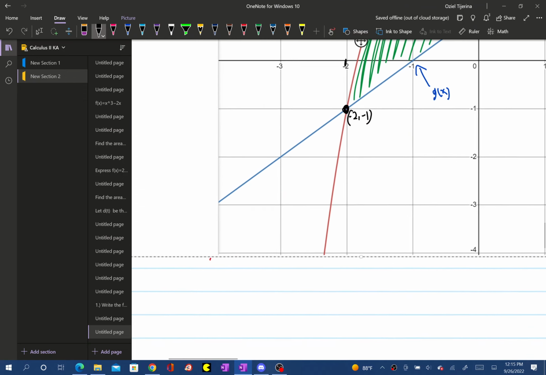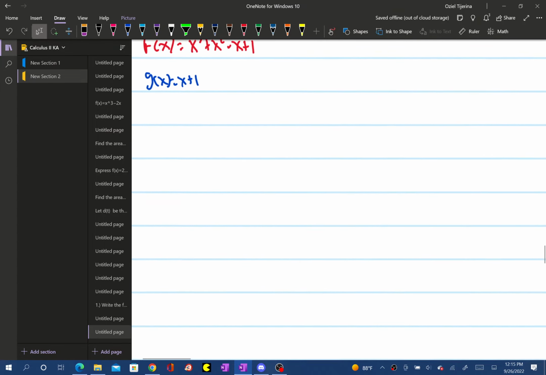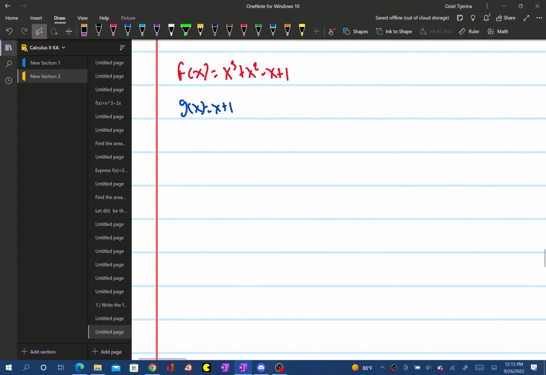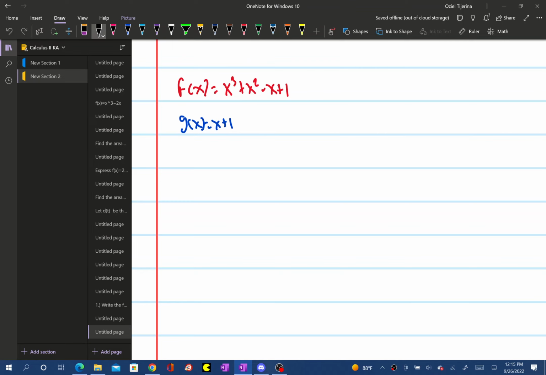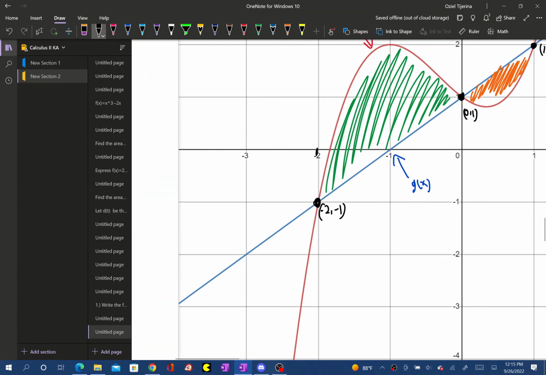So we're going to do the integral from, here's -2, so that's my first point, and 0 is over here, so x equals 0 is over here.